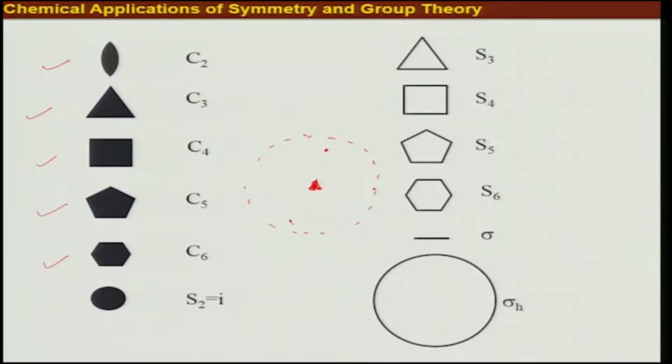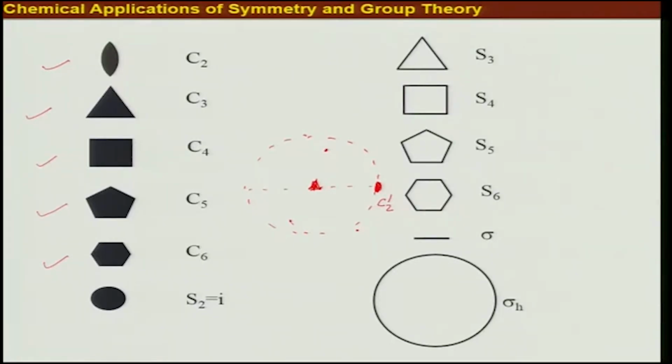Suppose there is a perpendicular C2 here. Say this is a perpendicular C2 axis, then you draw that sign here. This means a perpendicular C2, or if I write, C2 prime. So all the axes, proper or improper, are written at the center, and any perpendicular C2s are written on the periphery.